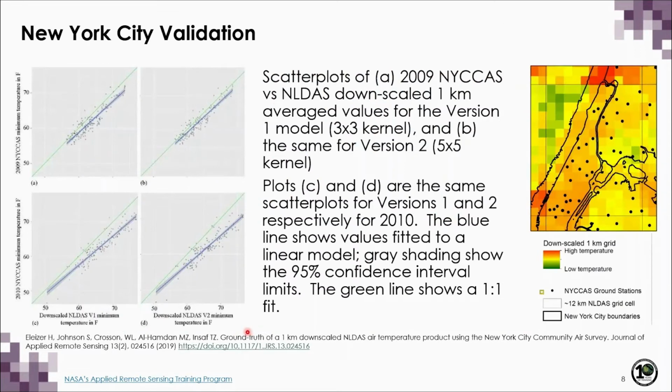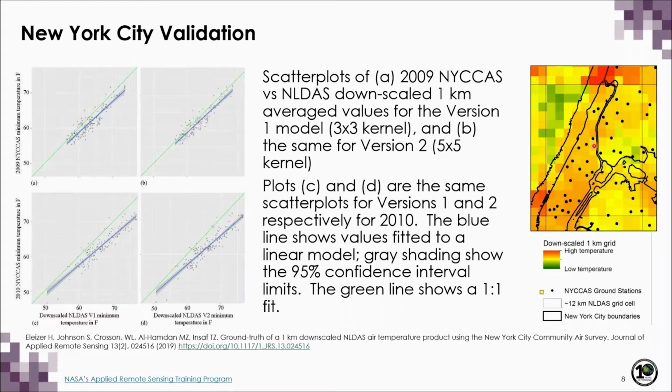So we went ahead and performed validation of this 1 kilometer downscale data set using New York City's community air survey monitors. At the bottom of the screen here is our manuscript that was just published on this validation if you would like to know more. And as you can see, the model performs well with R squares ranging from 0.83 to 0.95.